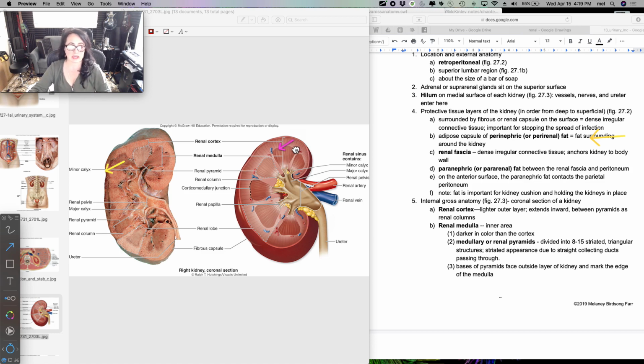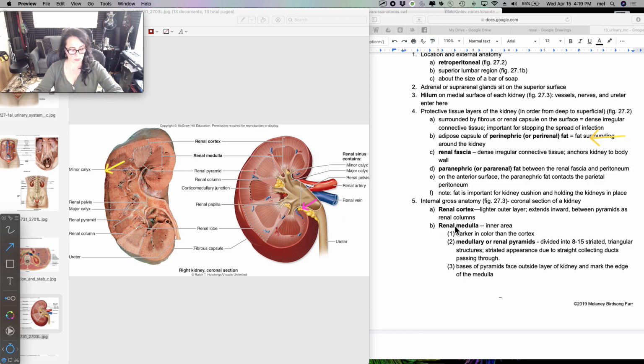The base of each pyramid faces toward the cortex. The tip of each pyramid faces toward the inner surface of the kidney, this whole region right here, called the renal sinus.